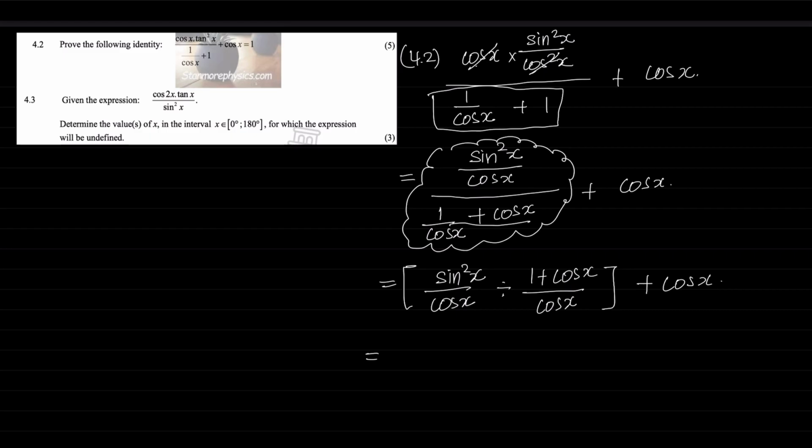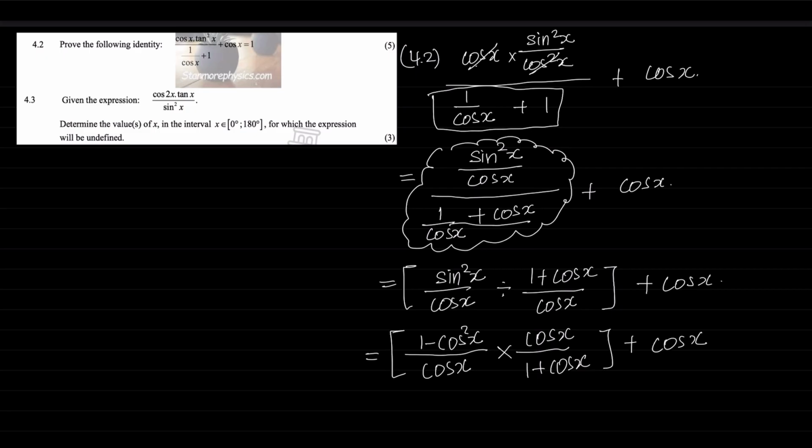Now since there's only cos x's in this bracket, I'm going to change sine squared x to 1 minus cos squared x, and divided by cos x, and times cos x over 1 plus cos x, and then we have the plus cos x here on the side.